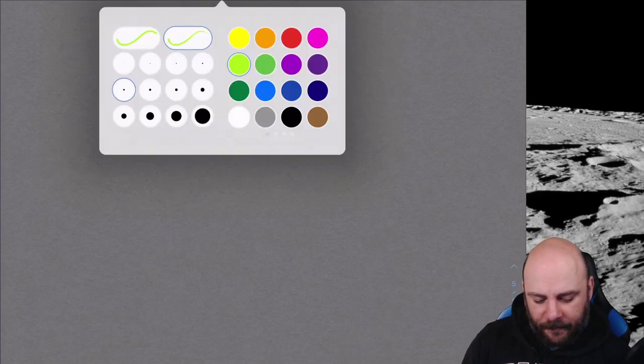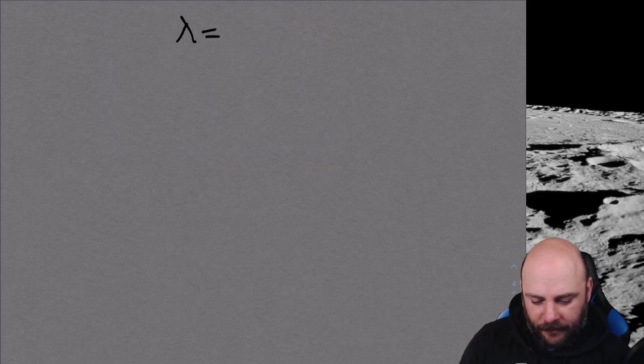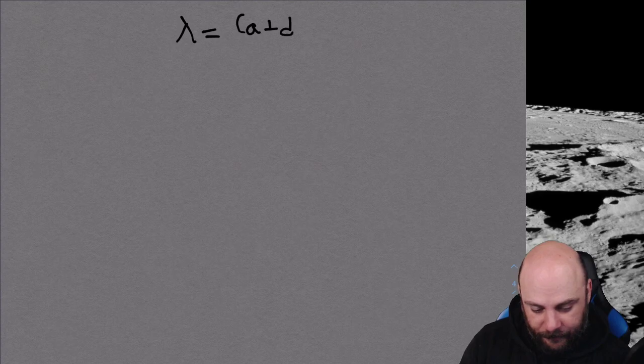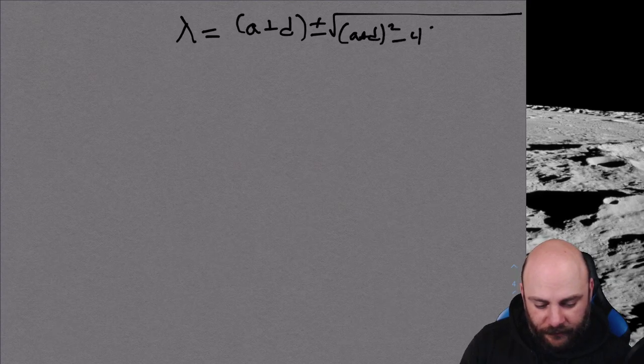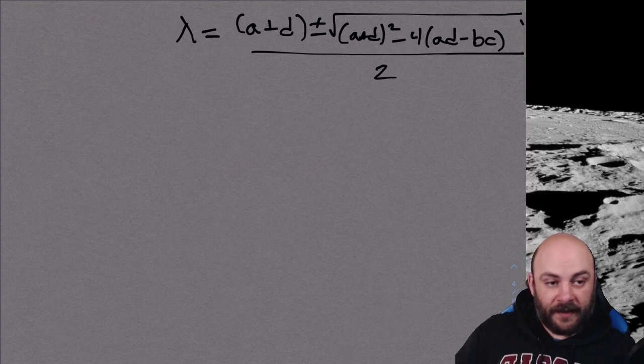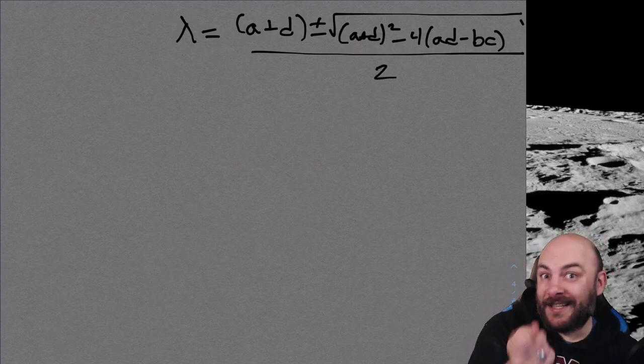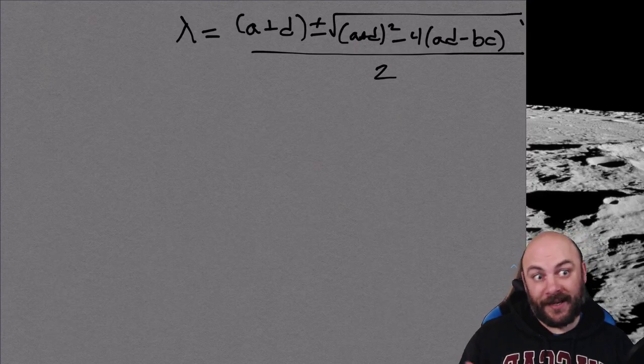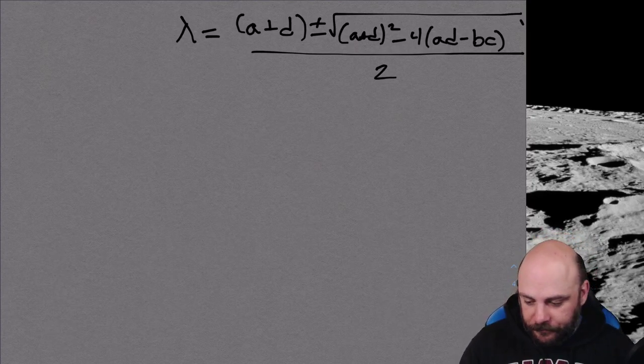It's important to keep in mind that all of this comes from lambda equaling a plus d plus or minus the square root of a plus d squared minus 4ad minus bc, all over 2, right? These are those exponents that really determine what kind of solutions we have. Are they growing? Are they shrinking? Are they oscillating? Et cetera.